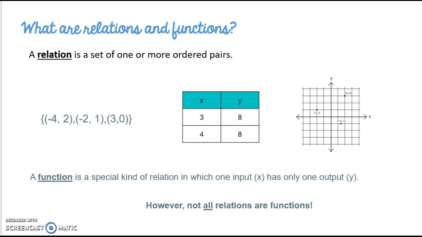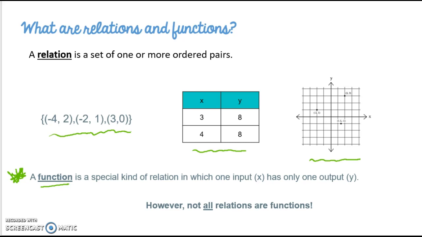So what are relations and functions? Well, we just talked about this. A relation is a set of one or more ordered pairs. So remember, we can represent that by ordered pairs, a table, or a graph. But the key that we need to focus on here is a function.